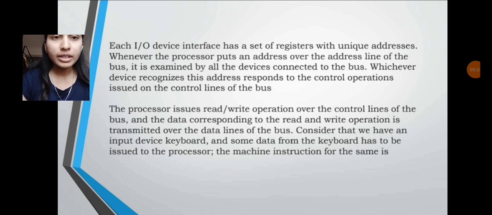Whichever device recognizes this address responds to the control operations issued on the control lines of the bus. The processor issues a read or write operation over the control lines of the bus, and data corresponding to the read or write operation is transmitted over the data lines of the bus.